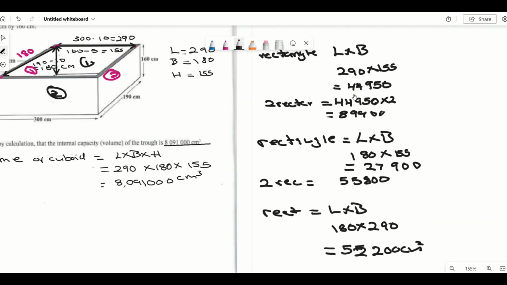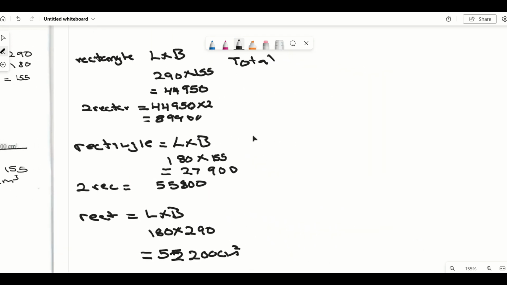So now we know the total amount of paint you needed to paint the internal surface area. Let me just turn this aside so we can have more space.